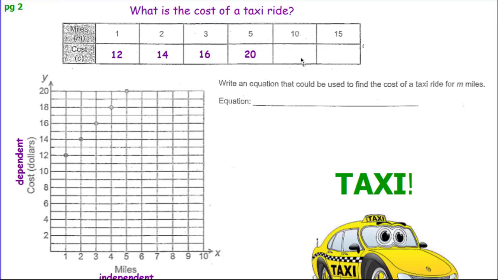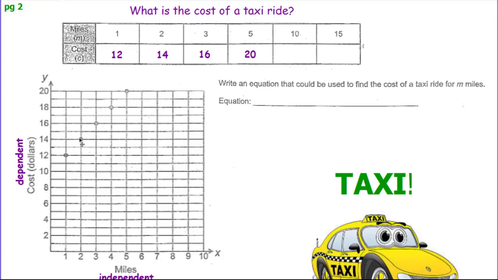But how much is it going to cost us for 0 miles? To figure that out, we have to look and say, if I put in 1, I get 12. So would I add something to 1 to get to 12? To give us a better idea of the change in x, we can look at the graph and follow the pattern.